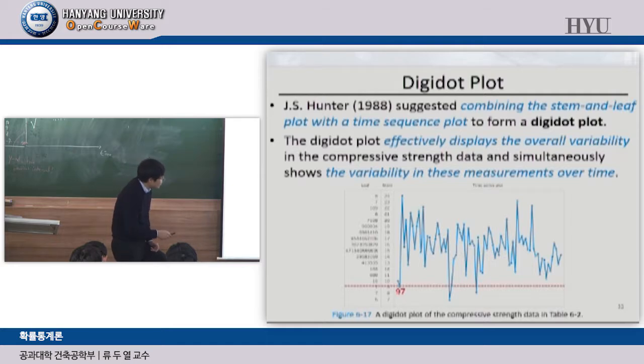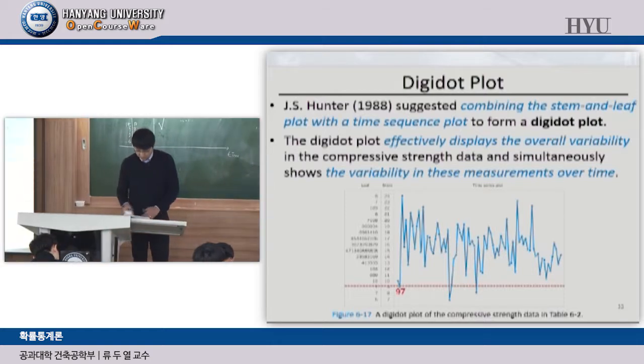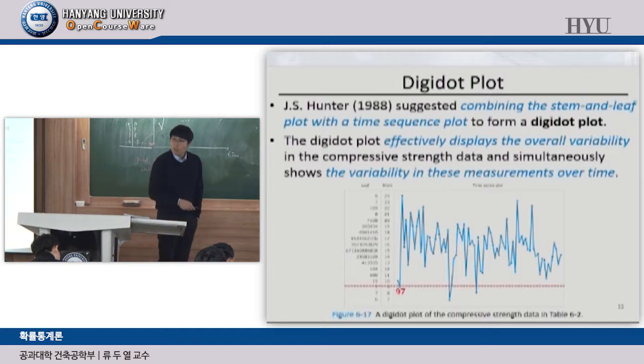And also, the change of the data point with the time can be seen from this time sequence plot, okay? So from this digital plot, we can obtain information. First one is the distribution of the data point, and also the variability of the data point with the time, okay, simultaneously. So this is about the digital plot, and sometimes it is very effective, okay, to interpret the data.